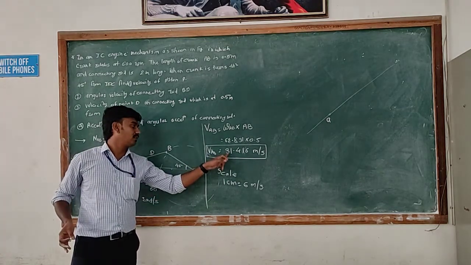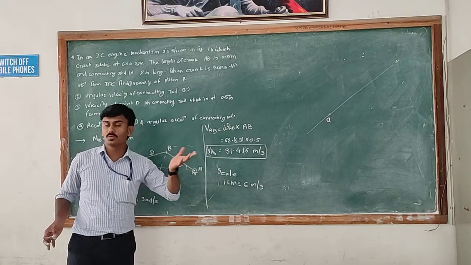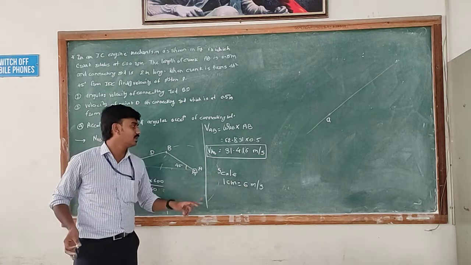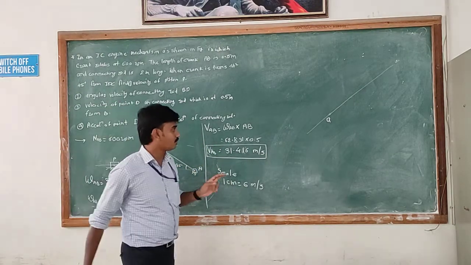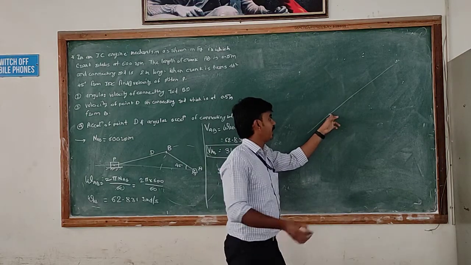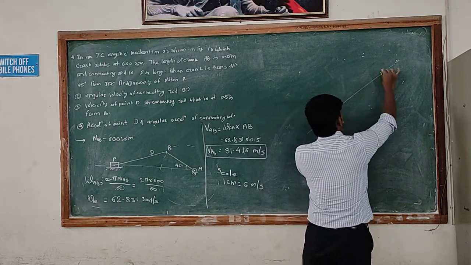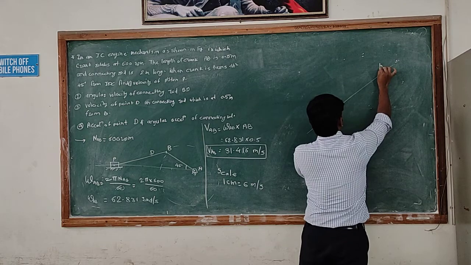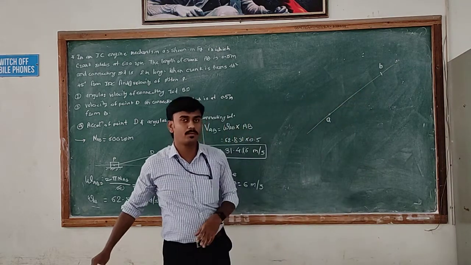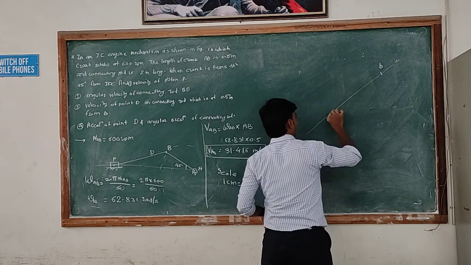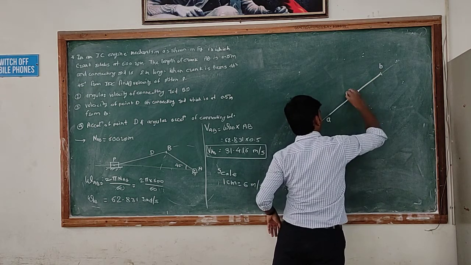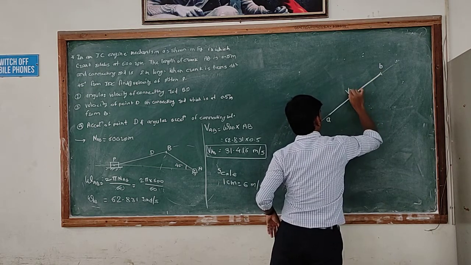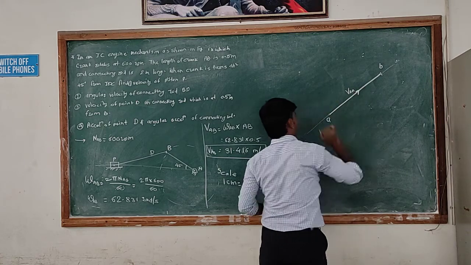Convert this velocity of the link AB into centimeter by using this scale. Divide by 6, it becomes 5 point something. So from point A, mark the point B on this line. This vector AB shows the velocity of the point B with respect to A.